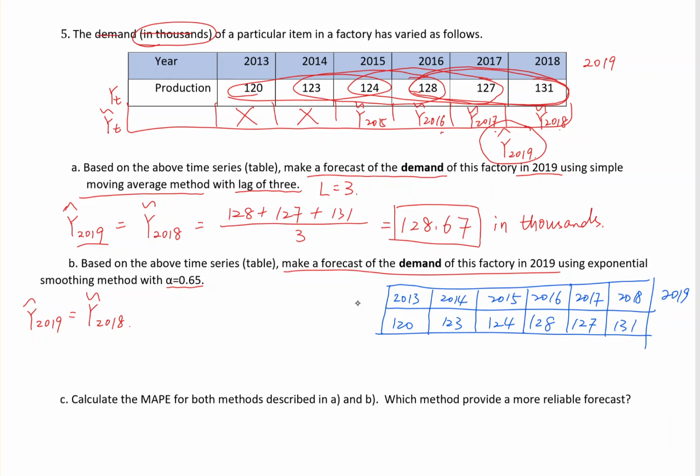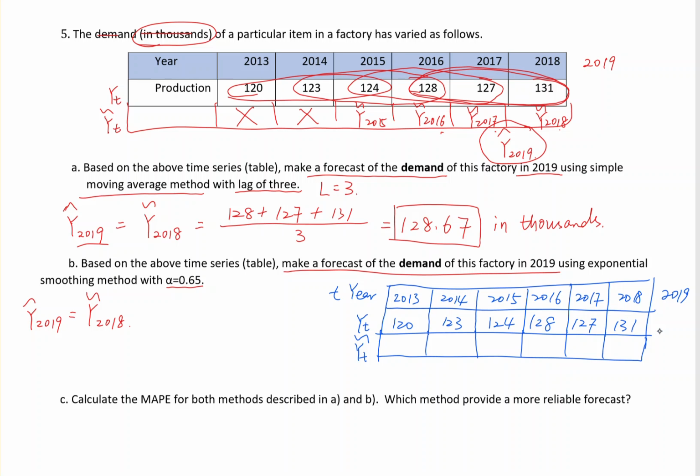All right, so this is the year, which is the time t. So this is yt, the observed value of y at time t. Next, what we need to consider is their estimated value, Yt hat.